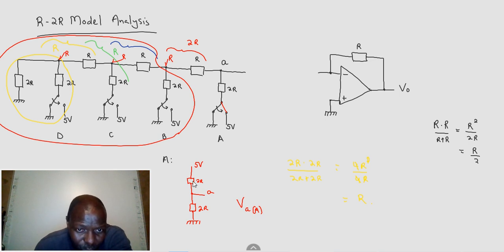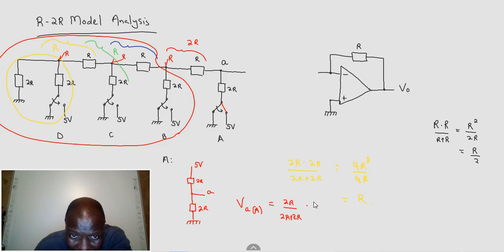You have two resistors in series. You are taking the voltage between them and they are equal. Therefore, your output there is equal to the bottom resistance connected to ground over the total, which is the whole from source to ground, which is 2R plus 2R, times the supply.